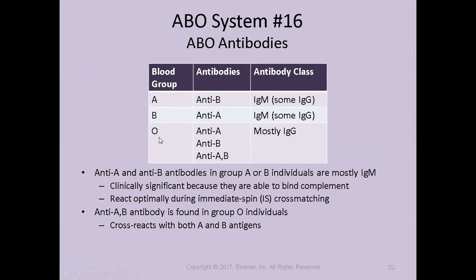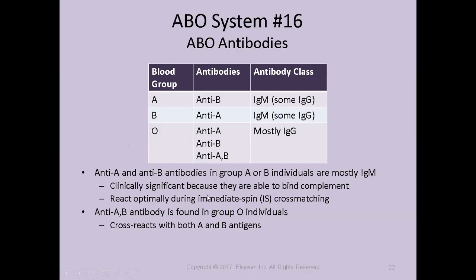And then someone who is type O, they're interesting. They have anti-A and anti-B, and then they have that combo antibody anti-AB, and this is mostly IgG. And remember, you don't see type AB up here because would type AB have any antibodies? No. So anti-A and anti-B antibodies in group A or B individuals are mostly IgM.